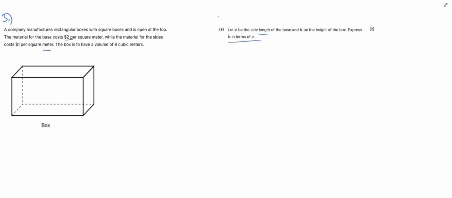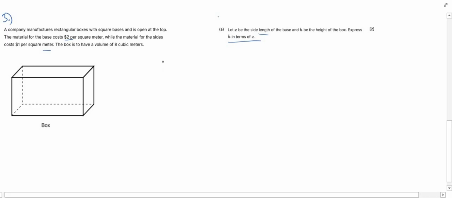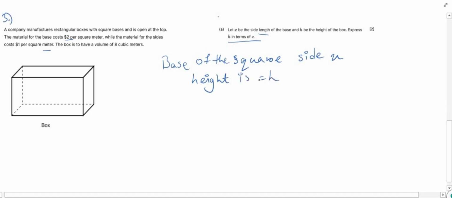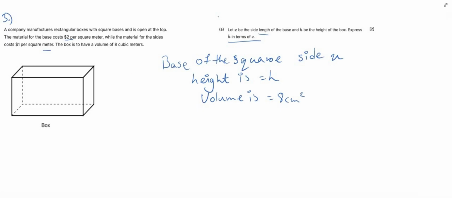Alright. First, we need to understand what it says. The base is a square with side x, and the height is h, and the volume is 8 cubic meters, and we need to find the height and express it in terms of x.